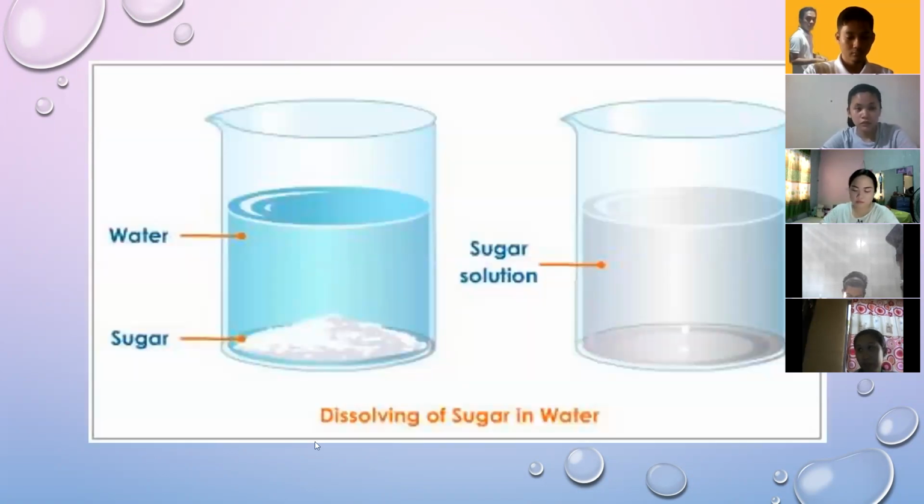So to illustrate, we have again here dissolving of sugar in water. So the water again is our solvent, the sugar is our solute, and when the sugar dissolves in water, it will become a sugar solution. So again, it's a solution. It's a mixture of two substances, but you have there a uniform appearance.